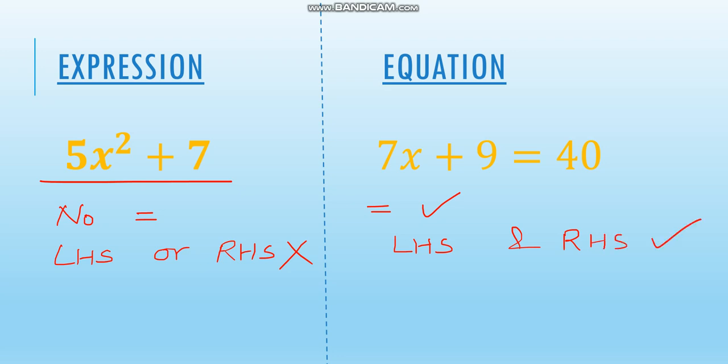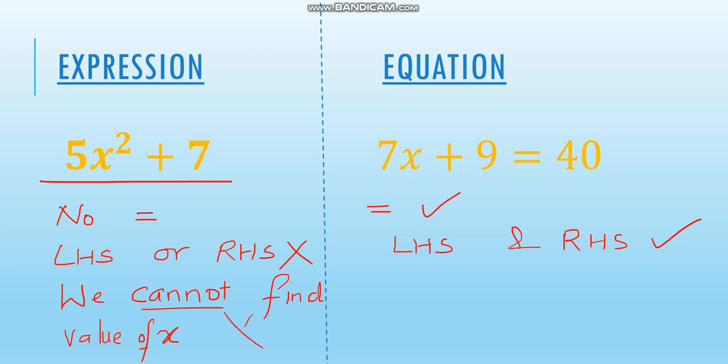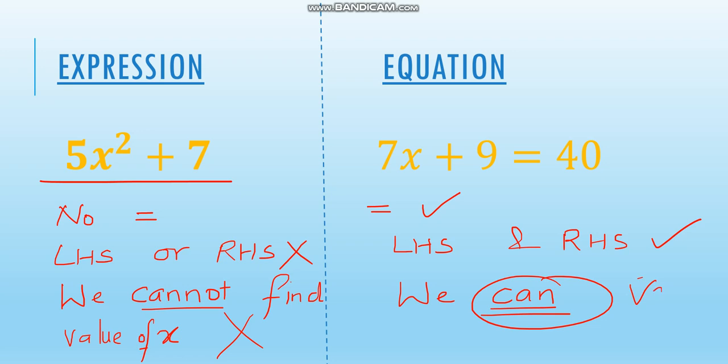In expression, we cannot find the value of x. We cannot do so. But in an equation, we can find the value. Absolutely, we can find the value of x or y or whatever variable we have in that equation.